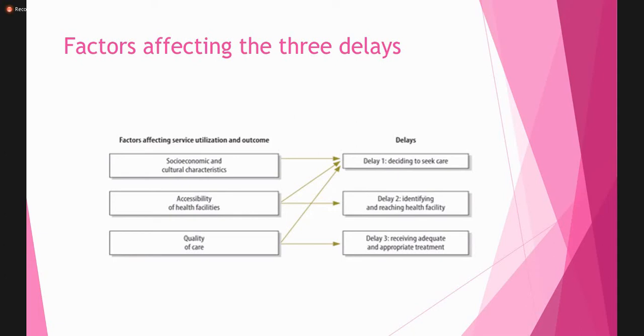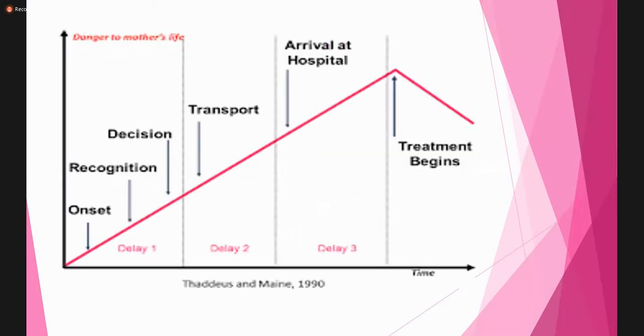Then the 3rd delay may be receiving the adequate and appropriate treatment, that the mother may have reached the facility, but the adequate and appropriate treatment is not available there, and there may be delay in this which may lead to maternal death.